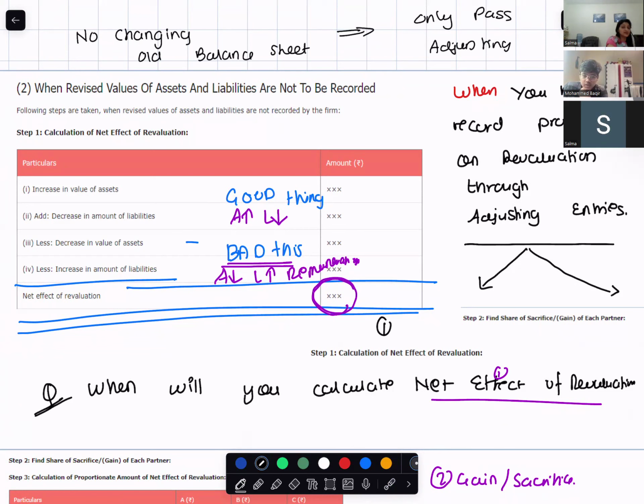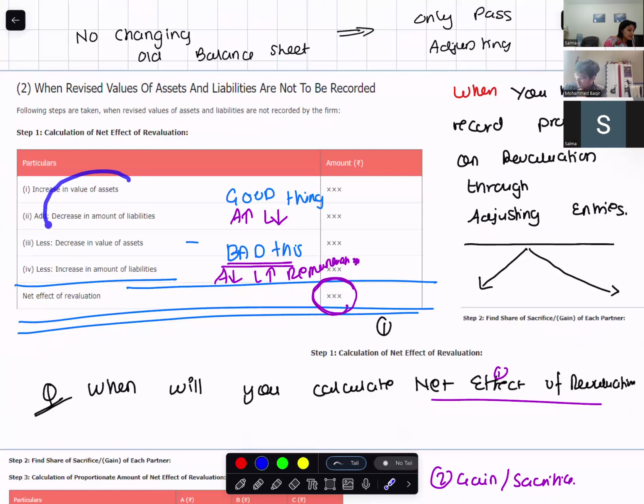So if you're not changing your old balance sheet, in that case, you're only going to pass adjusting entries. So that means you have to find out the profit or loss on revaluation, and the profit or loss on revaluation has to be given effect through which entries? Adjusting entries.